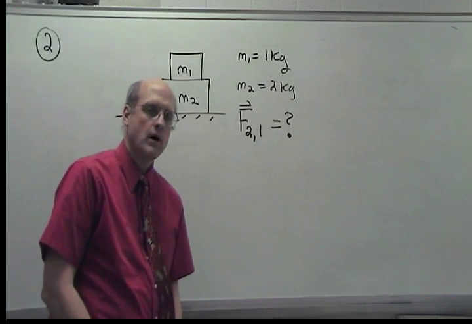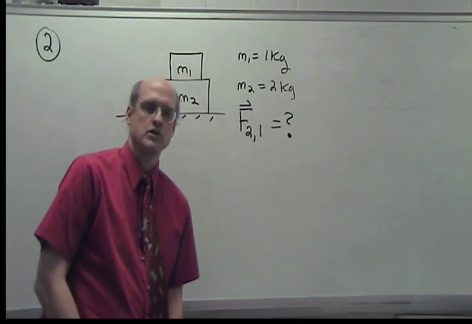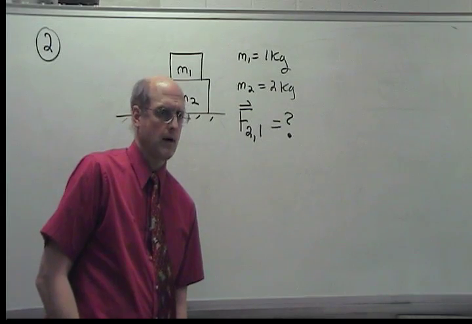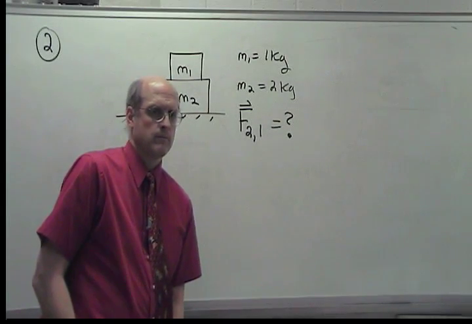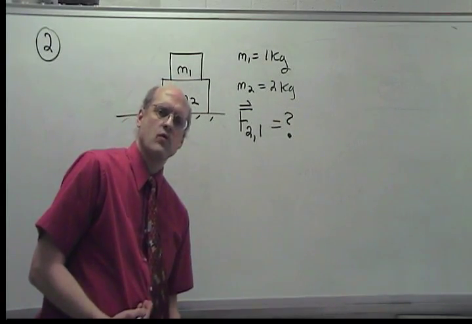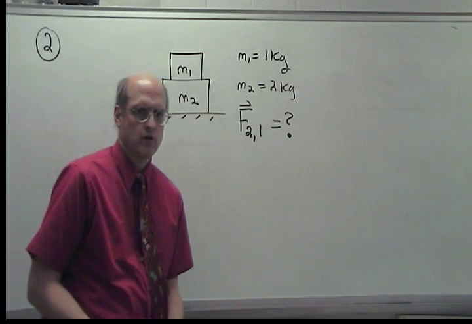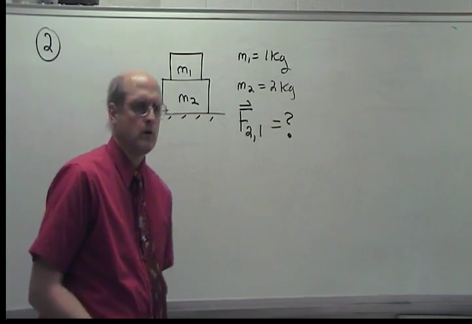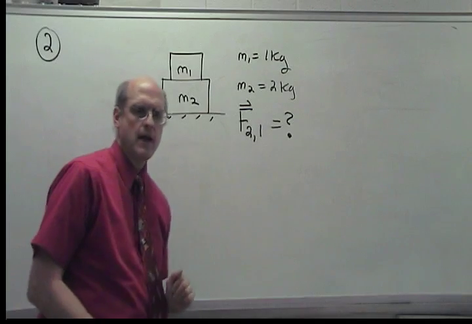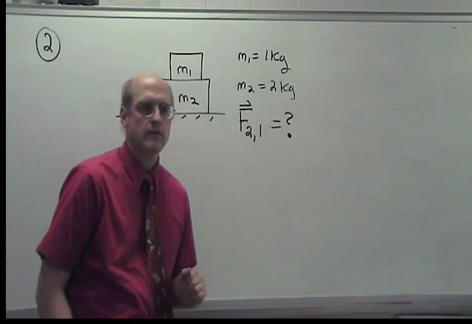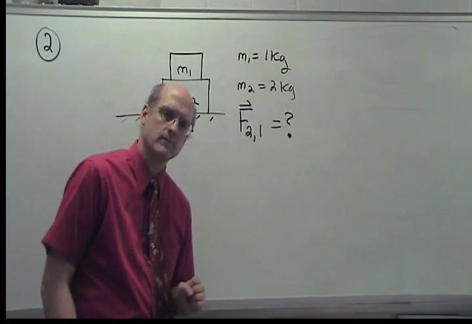The weight of m1 is a gravitational force exerted on m1 by the Earth. Gravitational forces do not push, they only pull. So the force on mass 2 due to 1 is not gravitational, it's electric.